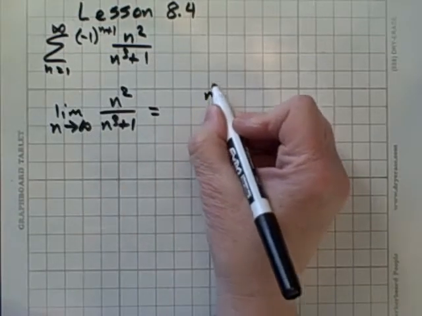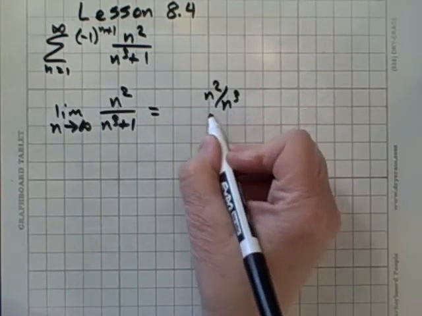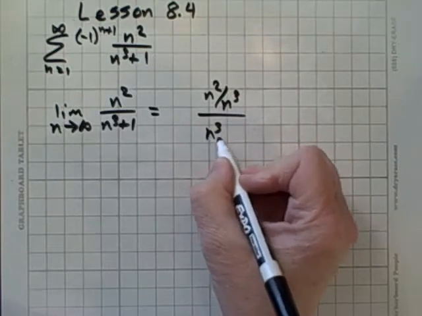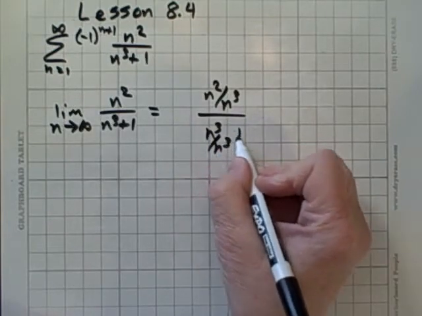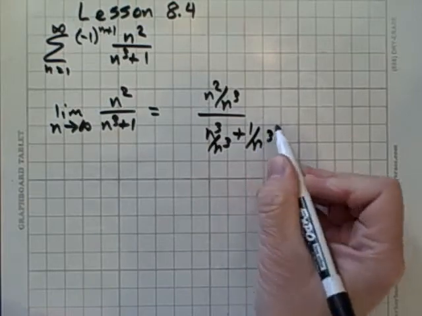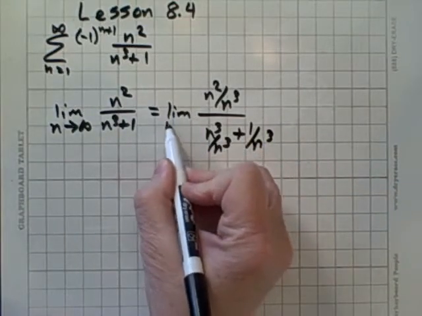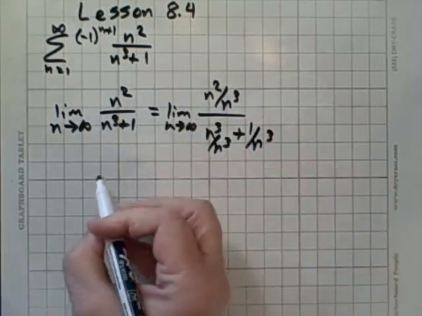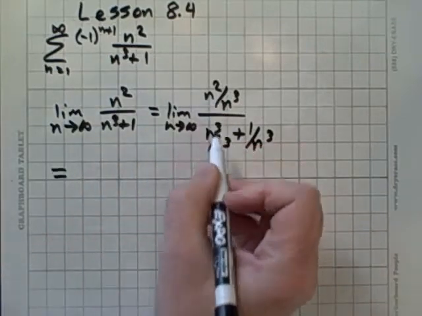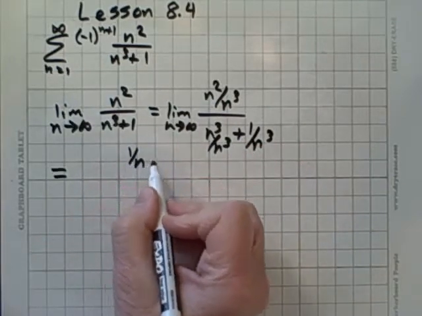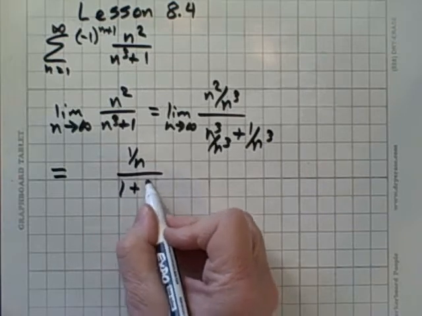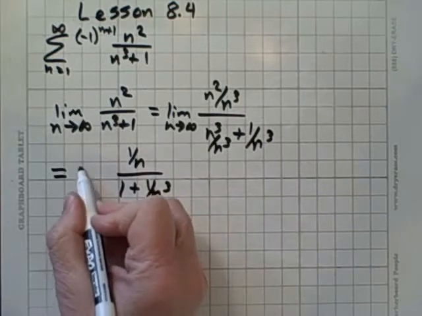So n squared over n cubed, over n cubed over n cubed, and 1 over n cubed. Reduce. We get 1 over n in the numerator. The denominator is 1 plus 1 over n cubed.